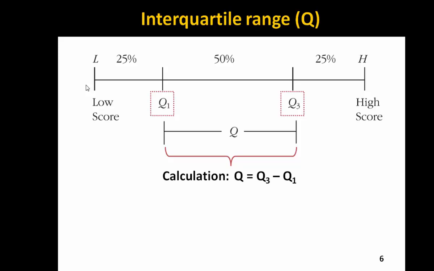It's simply a calculation of Q3 minus Q1 of the actual raw data. So Q3 refers to the raw data point. It's not 75, but it's the data point at Q3 subtract the data point at Q1. That will give us the Q value.